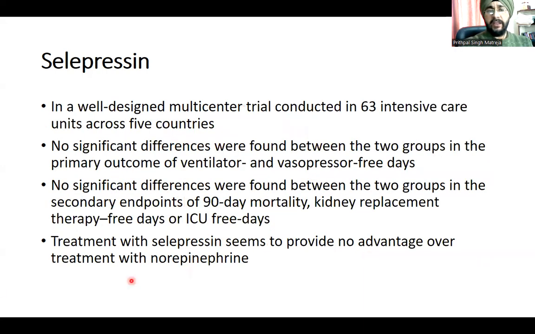There are many features that tend to support selepressin, and there is also some literature that refutes the claims made for selepressin, based upon a multi-centric trial that was conducted in 63 intensive care units across 5 countries.